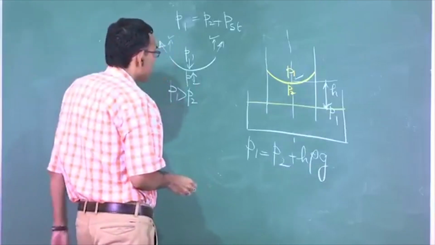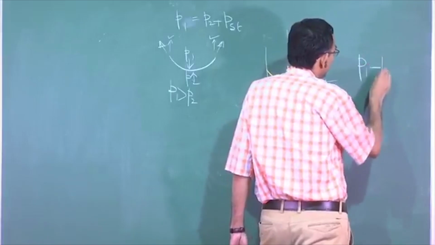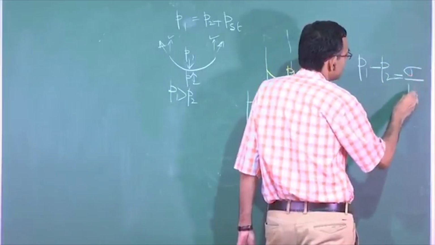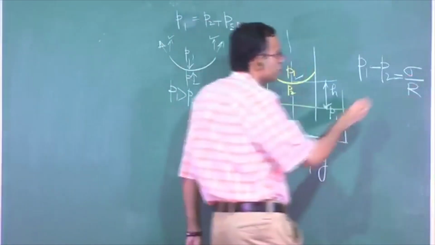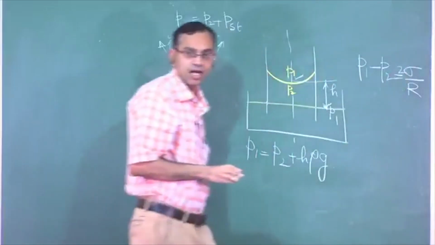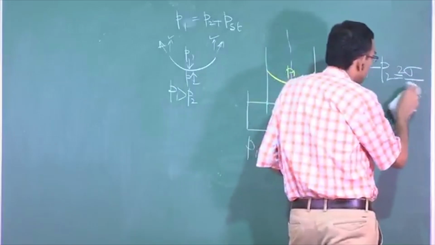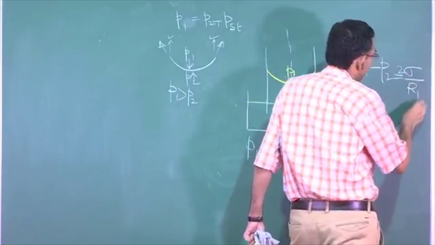Now, by the Young-Laplace equation, you can write P1 minus P2 is equal to 2 sigma by r. So, let us put a different r here, let us call it r1.